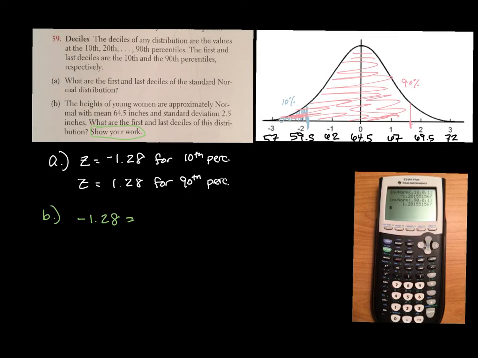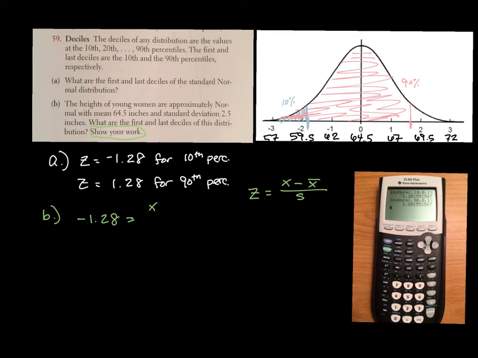We need the z-score formula, which is z equals our data point minus the mean divided by standard deviation. So we know the z is negative 1.28 for the 10th percentile. And then I don't know what the x value is. That's what we're looking for.